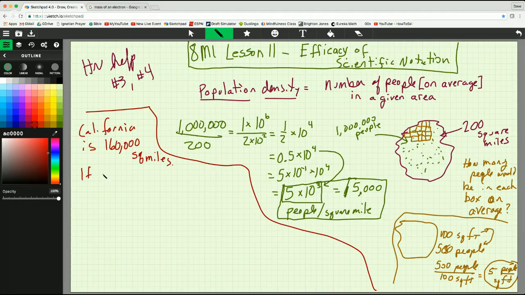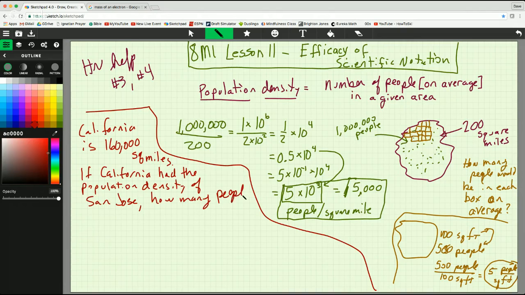If California had the population density of San Jose, how many people would live in California?